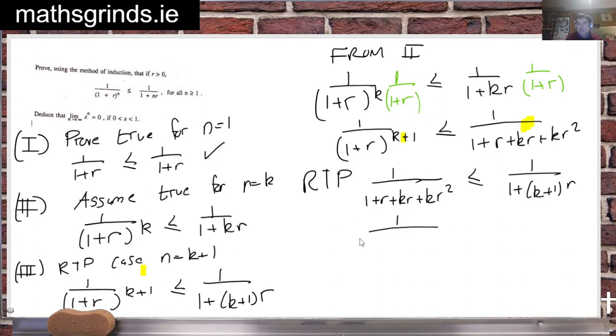So that means we need to prove that 1 over 1 plus r plus kr squared is less than or equal to 1 over 1 plus kr plus r.